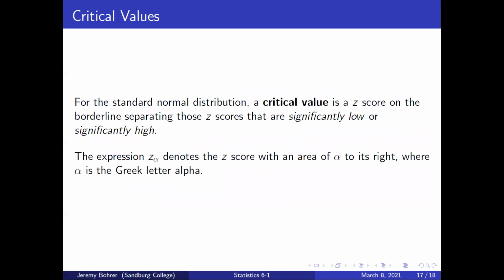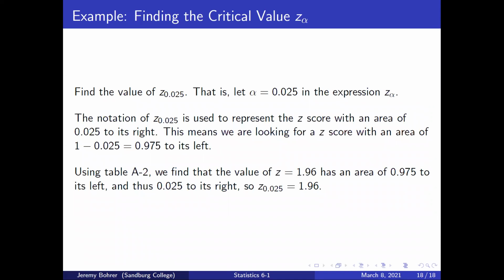For the standard normal distribution, a critical value is a z-score on the borderline separating those z-scores that are significantly low or significantly high. The expression z alpha denotes the z-score with an area of alpha to its right, where alpha is the Greek letter alpha. Find the value of z sub 0.025. That is, let alpha equal 0.025 in the expression z alpha.